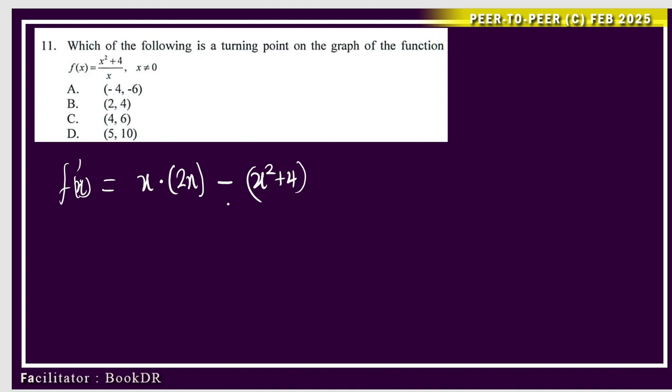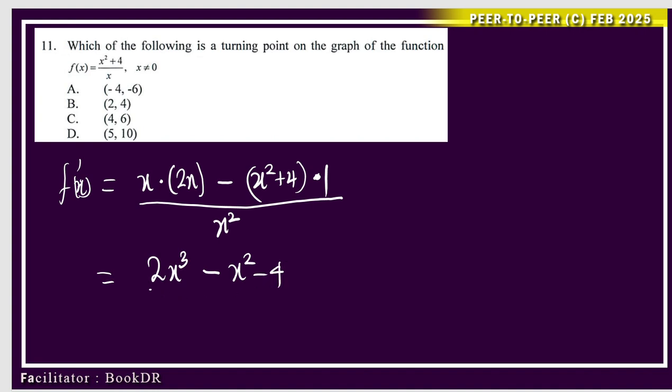So that is not necessary. We can decide not to write over the square of the denominator. That will give us x squared. So this will yield (2x cubed minus x squared minus 4) on x. Good.